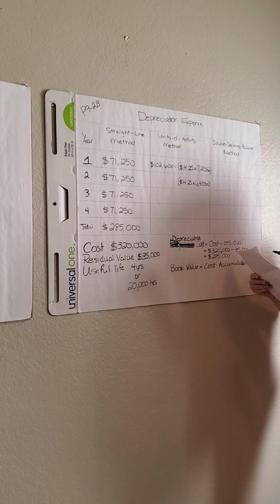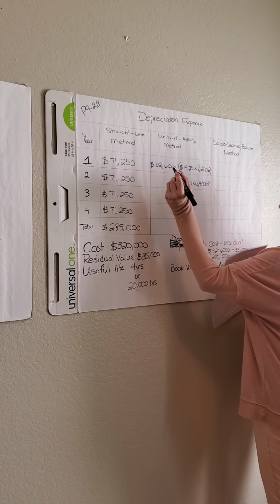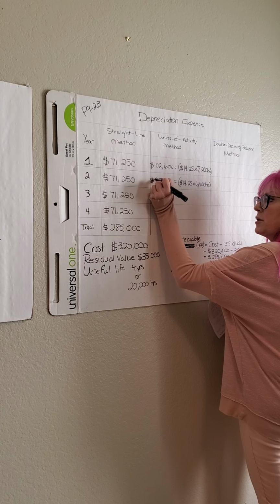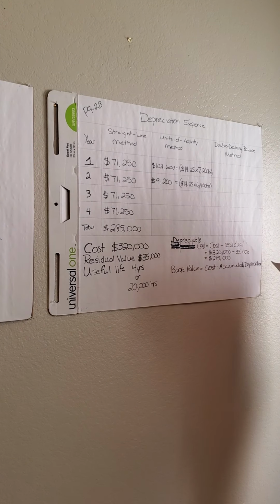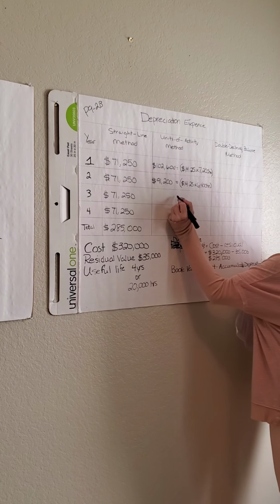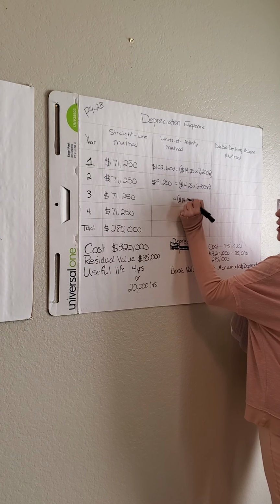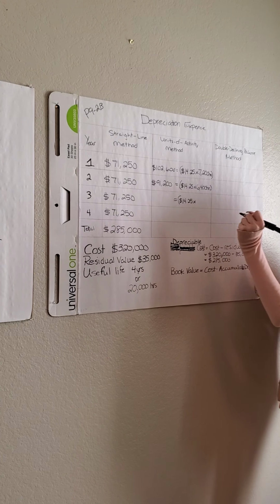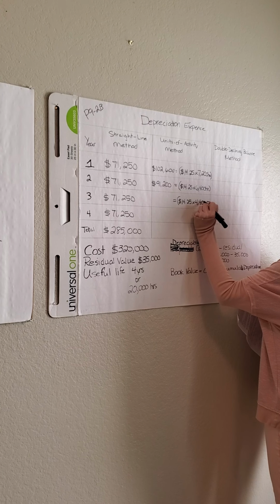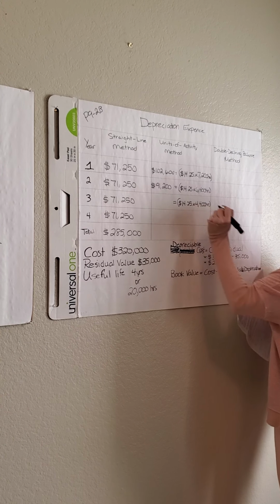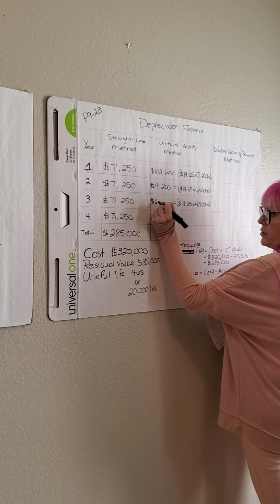So that's going to give us depreciation expense for year two of $91,200. Then in year three, again, we use that rate of $14.25. The number of hours used in year three was 4,400 hours. So that is a total of $62,700.